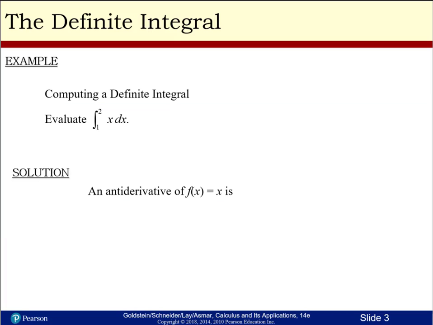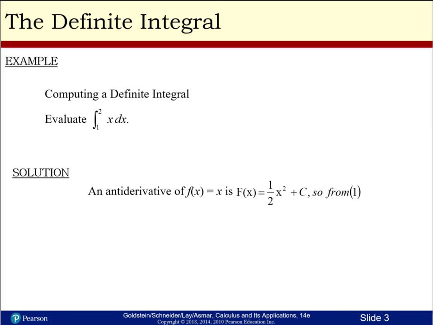We need to evaluate the integral from 1 to 2 of x dx. So we need the antiderivative of our f of x. Capital F of x is 1/2 x squared plus c.